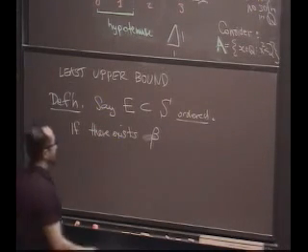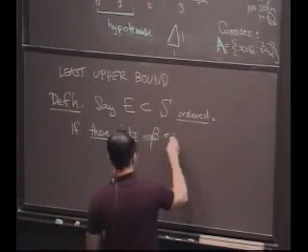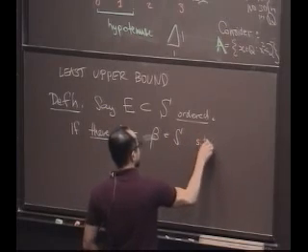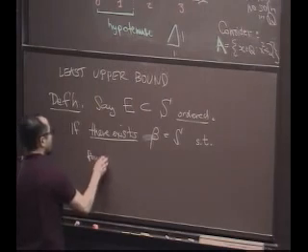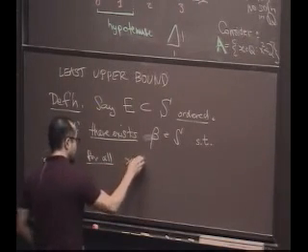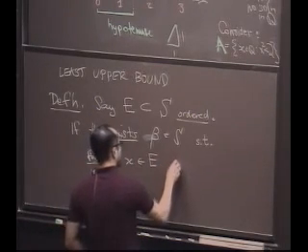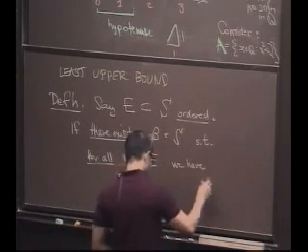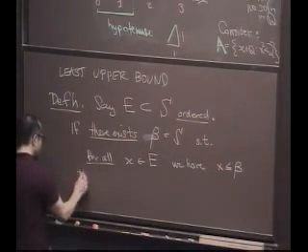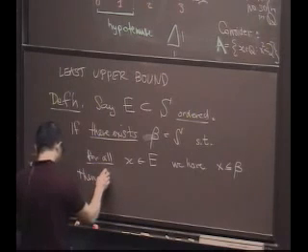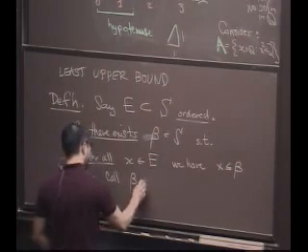Okay. If there exists beta in S such that for all x in E, we have x less than or equal to beta, then we'll call beta an upper bound.